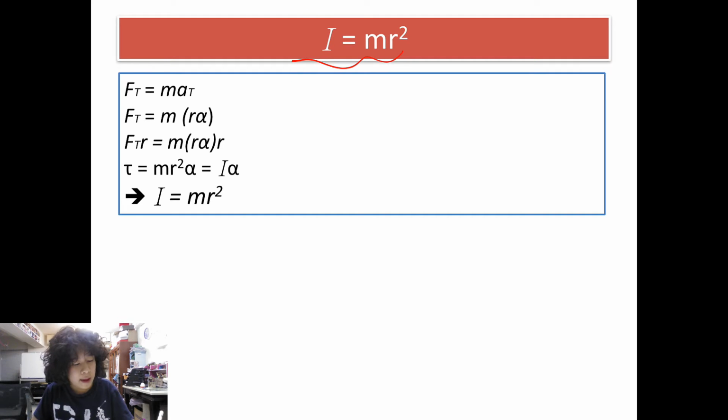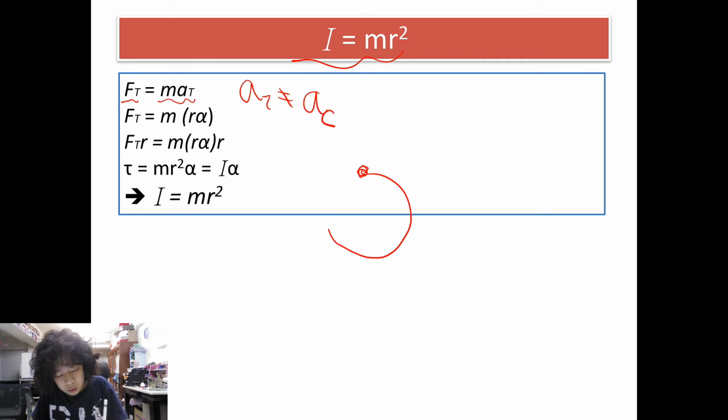So I, rotational inertia, equals m r squared. Why? First, F_t equals m a_t. Remember, a_t is not equal to a_c. What is a_t? Like a ball in circular motion, the tangential acceleration is a_t, and toward the center is a_c.